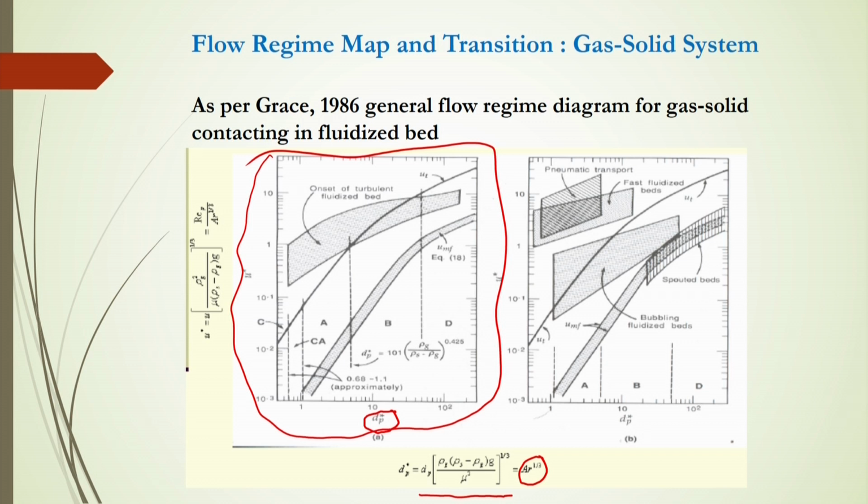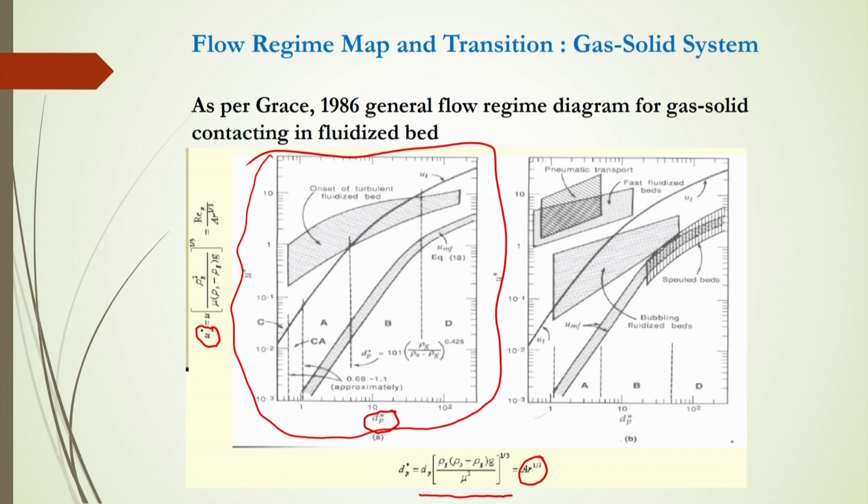Whereas the y axis, u star, is the non-dimensional velocity of the gas, which is defined by the Reynolds number divided by the Archimedes number to the power 1 by 3.